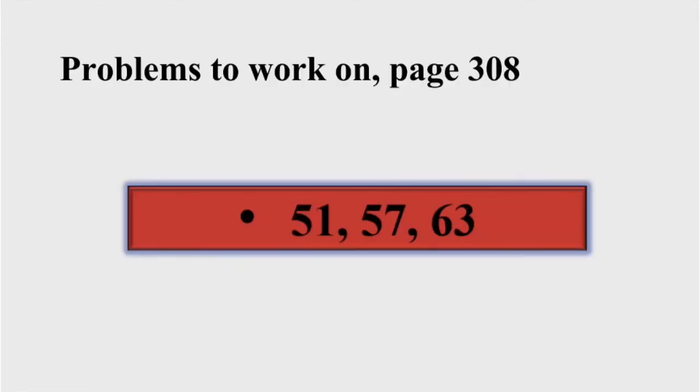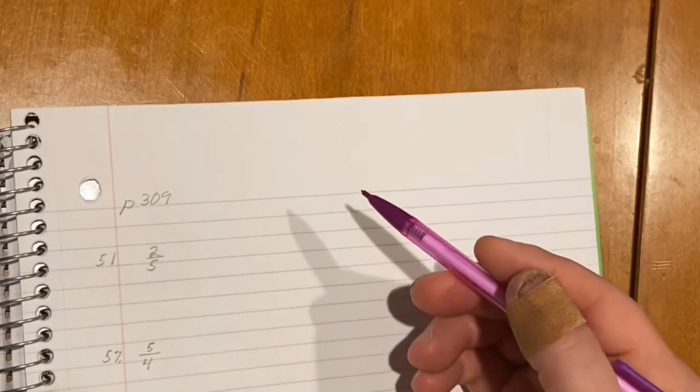Here are some problems that you can work on converting some fractions to percents. In these problems, we are changing from a fraction to a percent, and to do that, we first need to write it as a decimal.